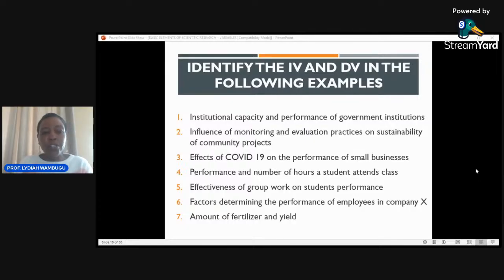Any one of us who is not able to identify the IV and DV in these questions? Thank you. Going home again. Thank you for logging in and thank you for your kind comments. I appreciate. Any of these that you cannot identify the IV and DV?